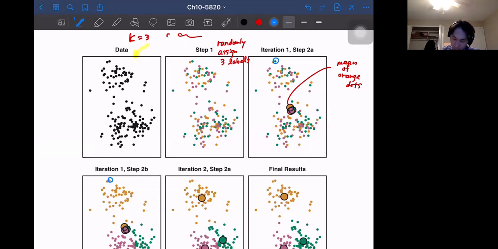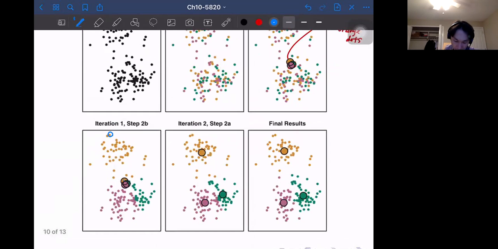This observation was originally green, but since it's closer to the orange center, we relabel this observation as orange. And the same for the other observations. For example, this observation was originally green, but it's closer to this purple center, so we reclassify it as purple, and the same thing for green. Then it's almost done, right?